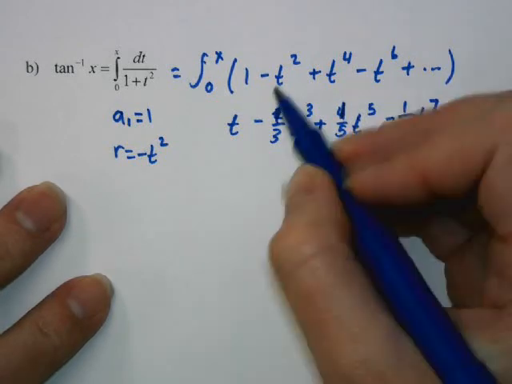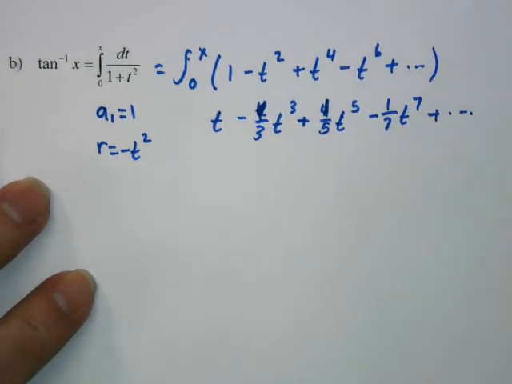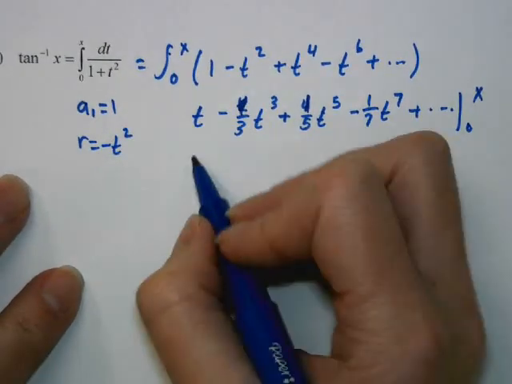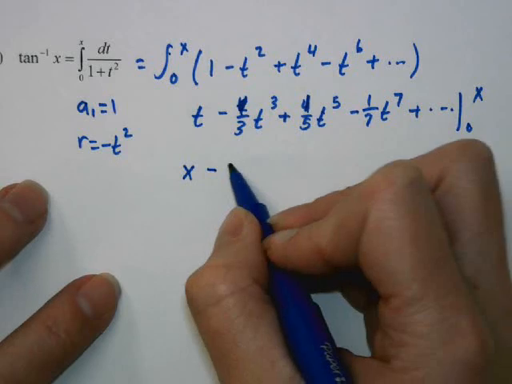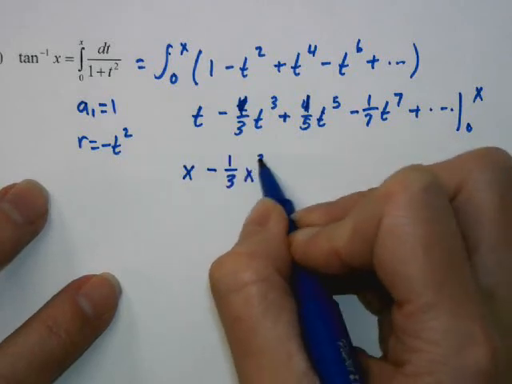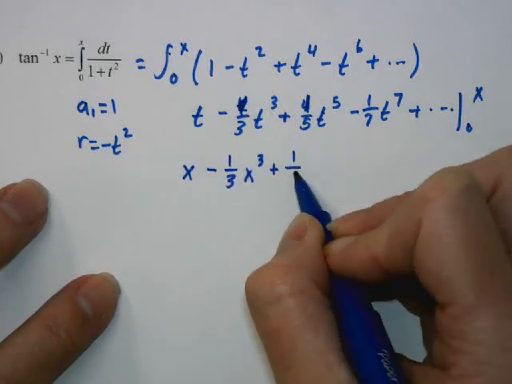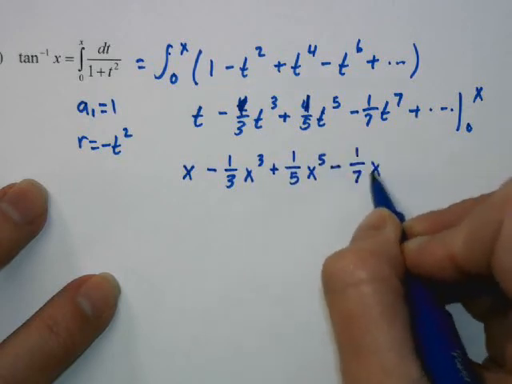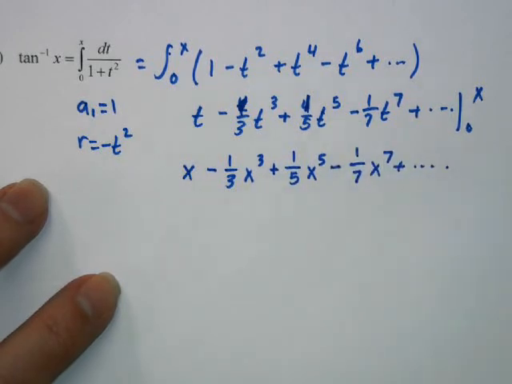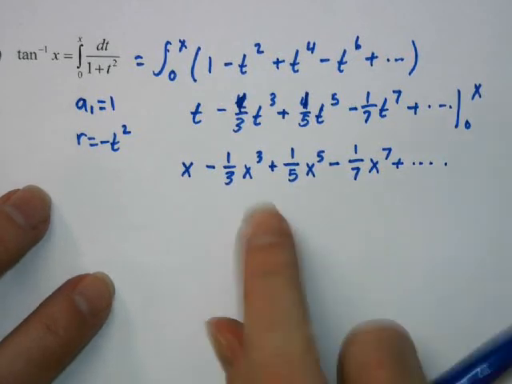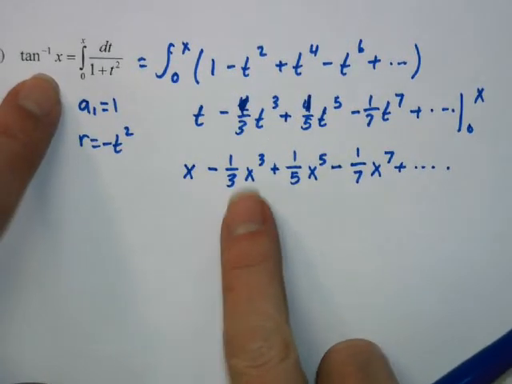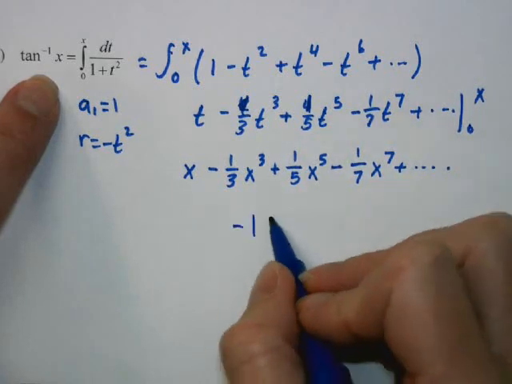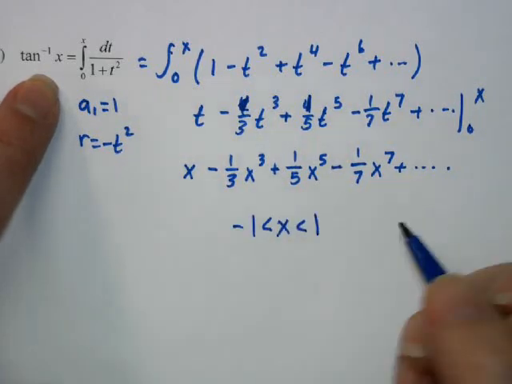Don't know what I was thinking there. From 0 to x. So this is x minus 1/3 x cubed plus 1/5 x to the 5th minus 1/7 x to the 7th, minus 0. So inverse tangent as a series is this expression here, as long as -1 < x < 1.